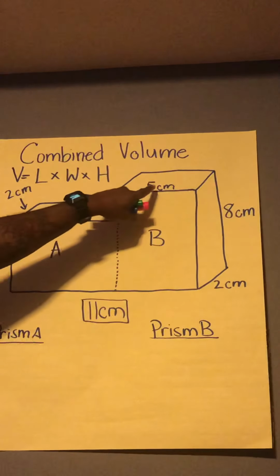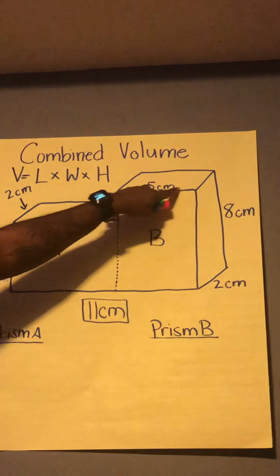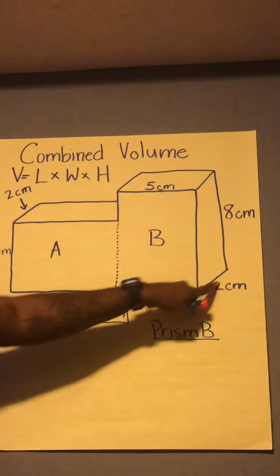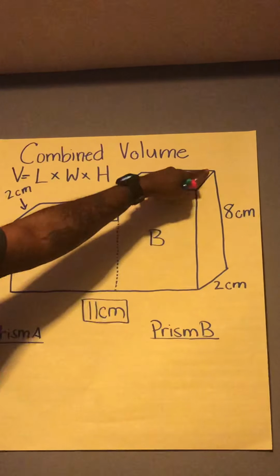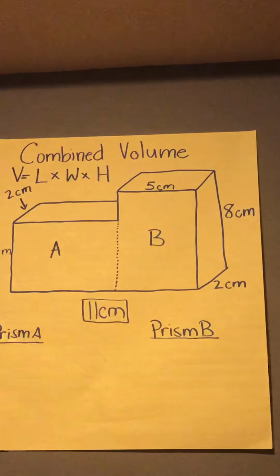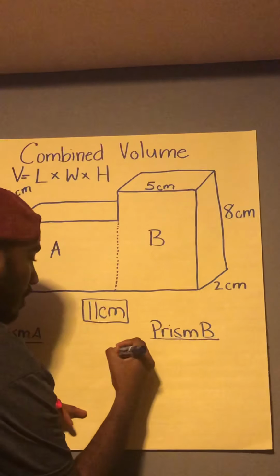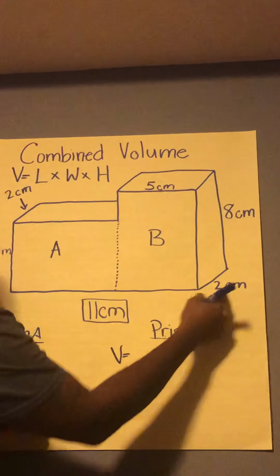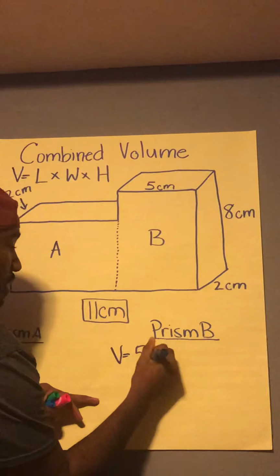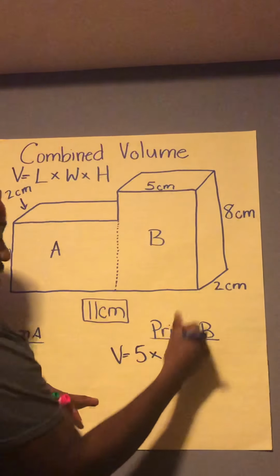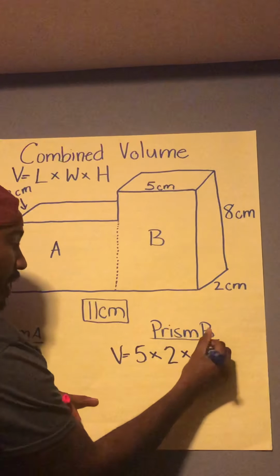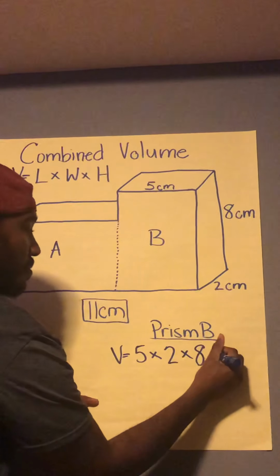So my length here would be 5, my width here would be 2, and the height of Prism B would be 8. So the volume of this figure will be 5 centimeters times 2 centimeters times 8 centimeters.